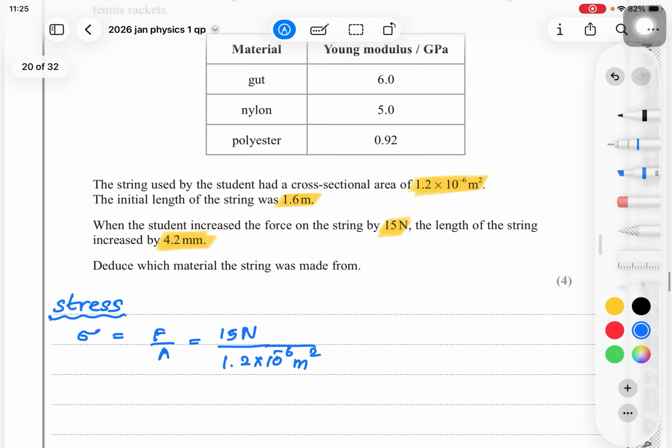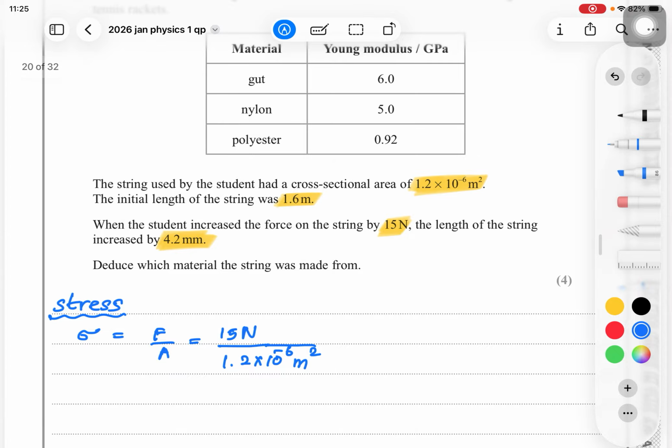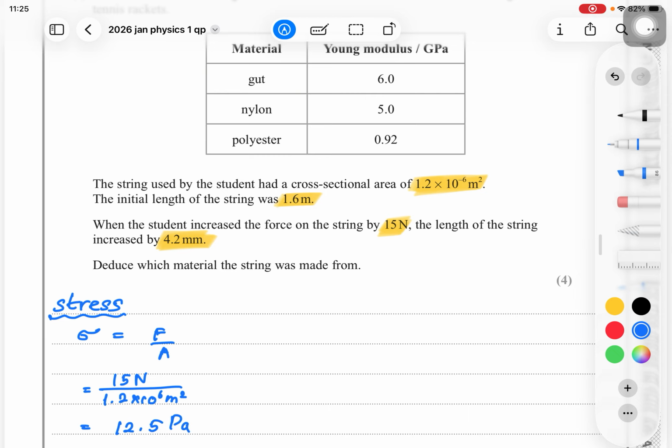So we can easily get this answer. I'll write the substitution at the bottom so that we have a little bit more space. So we're going to get a value of 12.5 pascals. Okay, now we got the stress.